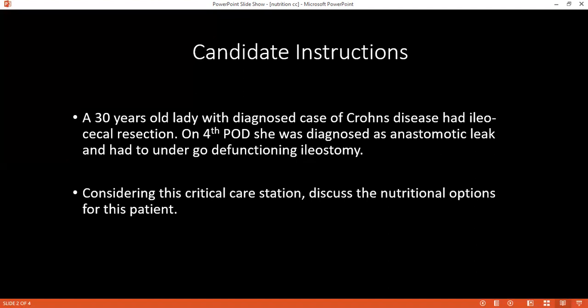Yes, centrally given parenteral nutrition and peripherally inserted central catheter. It depends on the route of administration of the feeding. Can you please tell me, besides glucose, what is the highest energy source for a TPN?